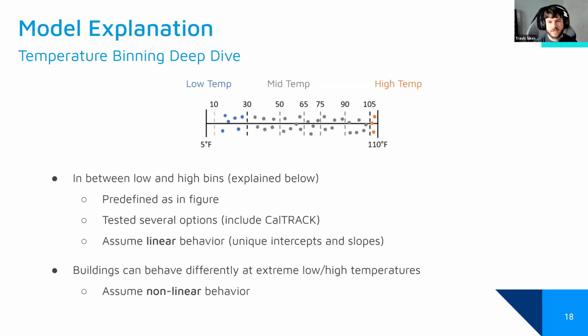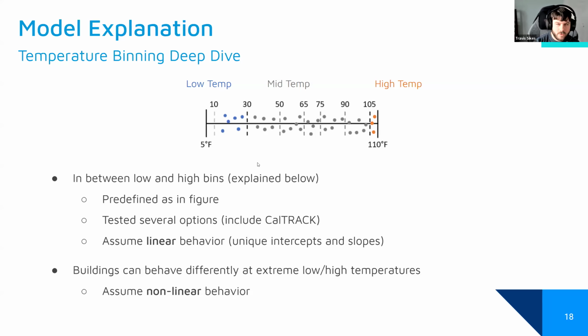During the process of creating this model, we did look at many different types of bins and how to structure these, and these were ultimately the bins that came out to be the best and the most performant. So this is not by accident. And within these bins, all of them have linear behavior, which is to say, within each bin, the response to temperature has a unique intercept and a unique slope.